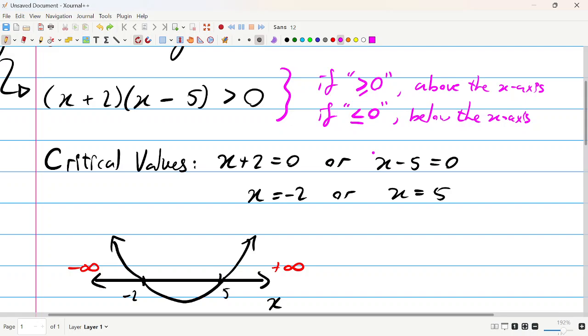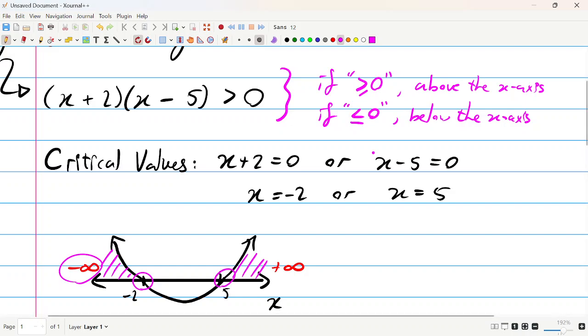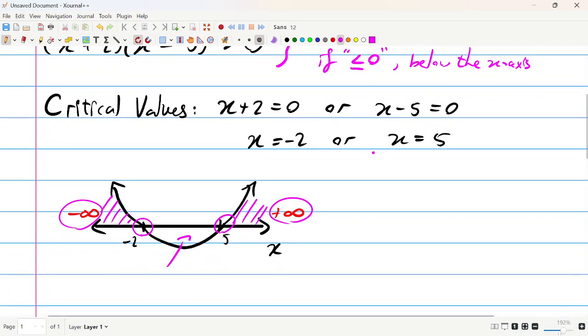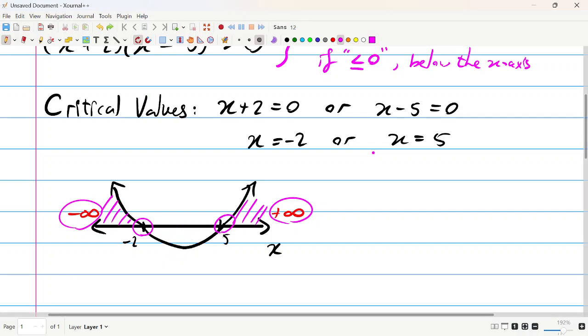And what interval is that going to be? It's going to be this interval all the way, and then it's going to be this interval here. So all the way from -infinity until 2, and all the way from 5 until +infinity. Can you see that? If it was less than 0, we would work with underneath the x-axis, and we'd be working with this region. But clearly, we won't be working with that region.